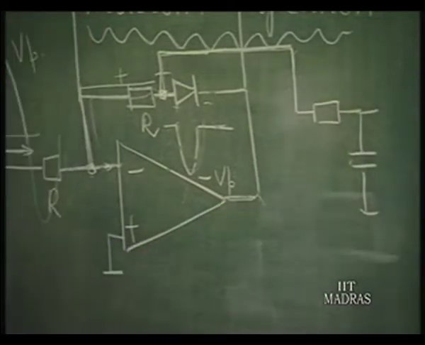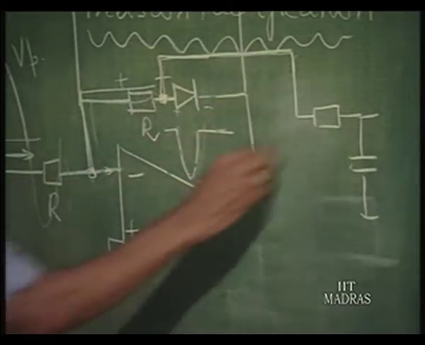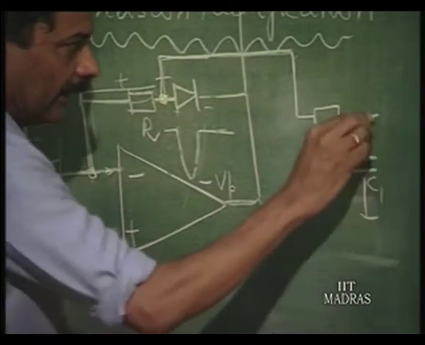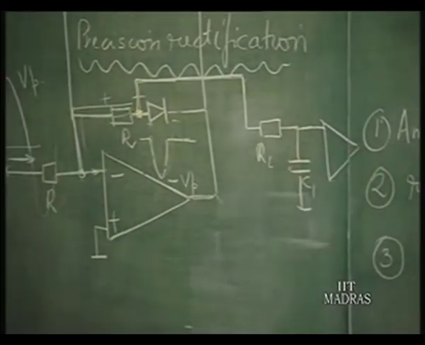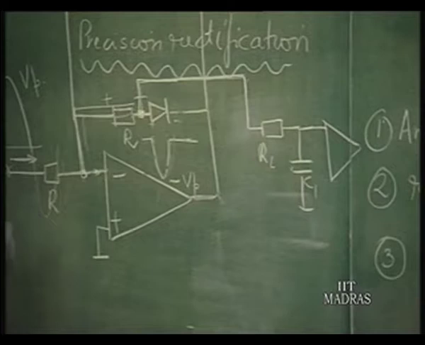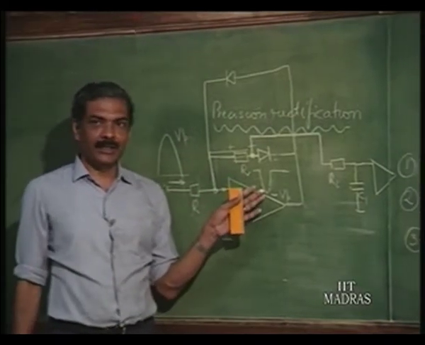Put a low pass filter here. After this you put a low pass filter R L, C L, and then put the comparator. Please see here that now I have obtained the negative voltage as the peak.